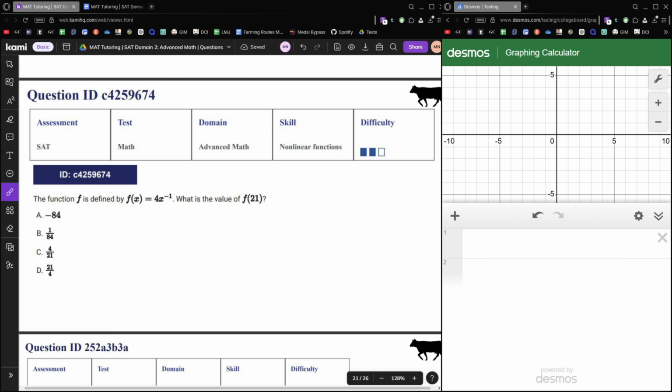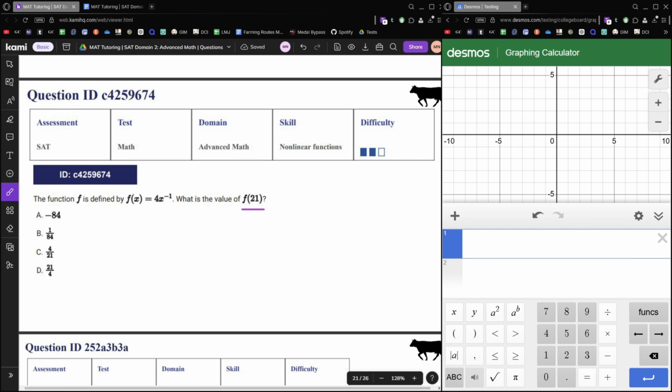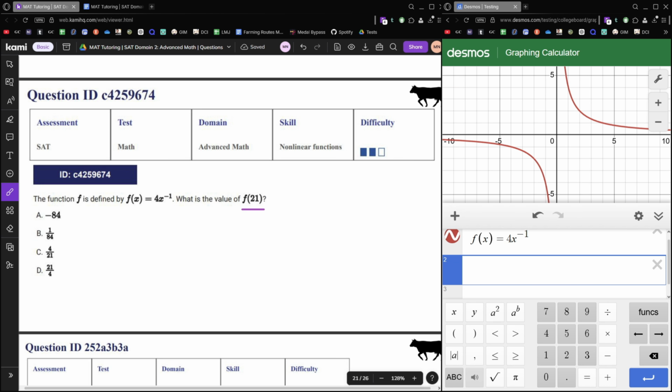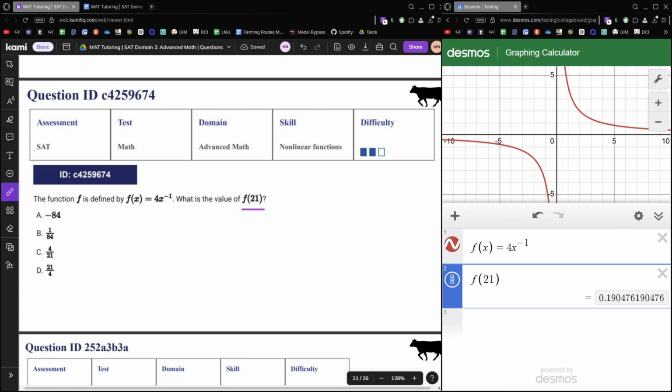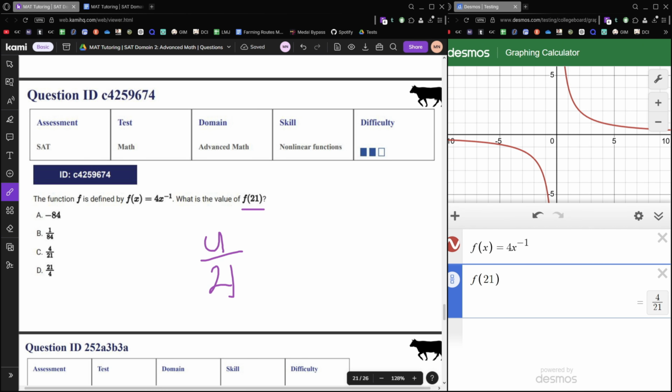Normally, I like just replacing f of x with y, but since they ask you for f of 21, you can go ahead and just keep it as f of x is equal to the equation they give us, because when you type in another line, f of 21, it actually gives you the answer. None of our answer choices are in decimal form, so you can just click this fraction button to the side here, and you would get that our answer would be 4 over 21. So that means our answer would be C.